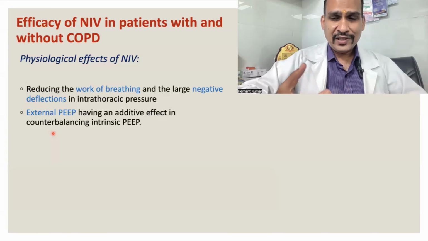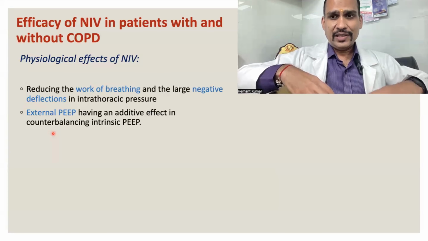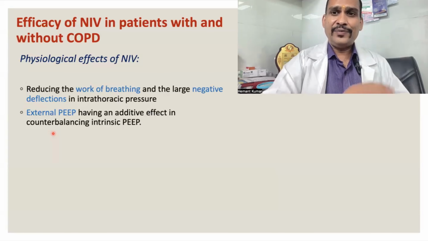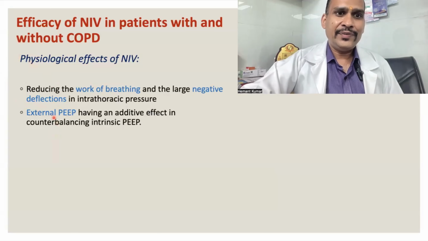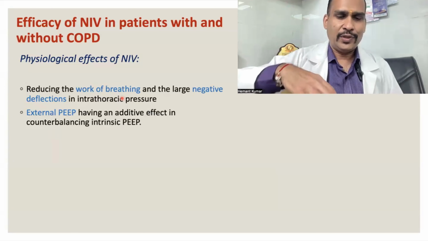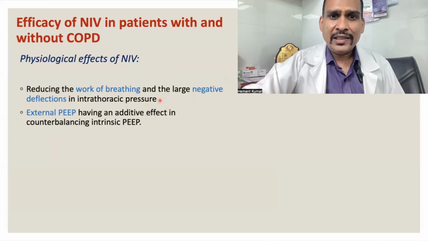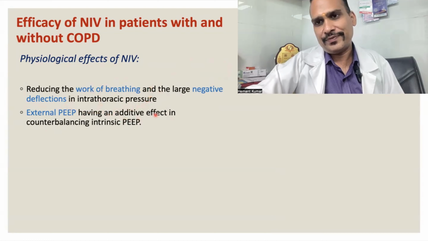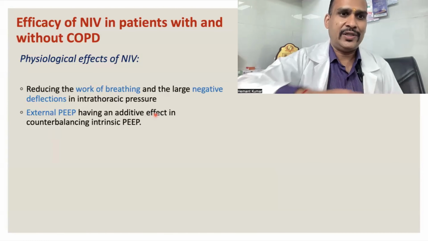So once the patient gets positive pressure ventilation, the respiratory muscles will be relaxed. So there will be a reduction in work of breathing because the patient is getting enough tidal volume now. And the large negative deflection of intrathoracic pressure will be reduced because you are giving positive pressure now.